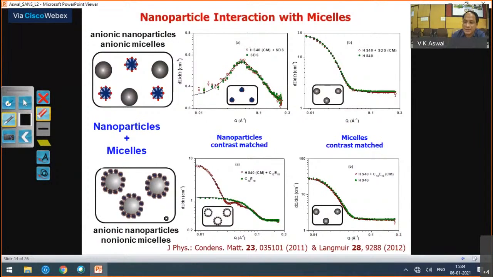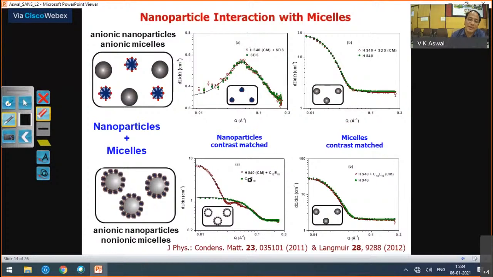However, for other cases, you could have different situations where these are now nonionic micelles. So here they were anionic micelles, here they were nonionic micelles with anionic nanoparticles. Here there is a possibility that they can get adsorbed on the nanoparticles. As a result, when you contrast match the nanoparticles, and then again the same situations when you have nanoparticles with surfactant micelles and only micelles.